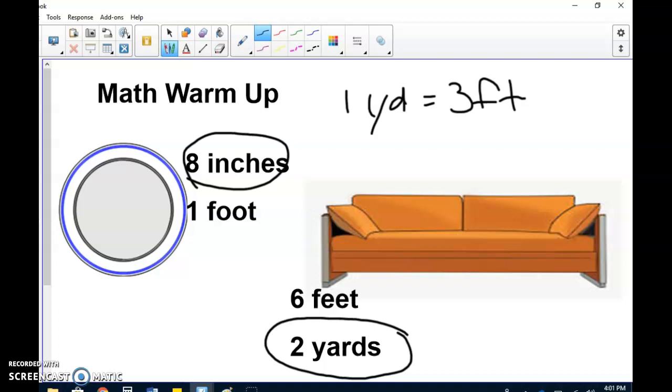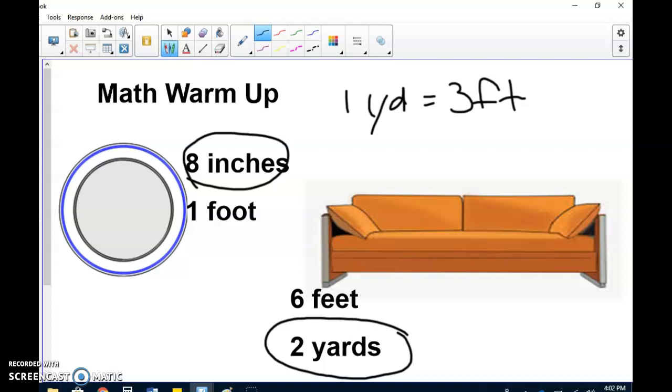Feet are bigger than inches, so you'll use fewer feet. If you are measuring in feet and yards, you will use fewer yards than feet because 1 yardstick is equal to 3 feet. So it took 2 yardsticks to measure my couch, but it took 6 rulers.